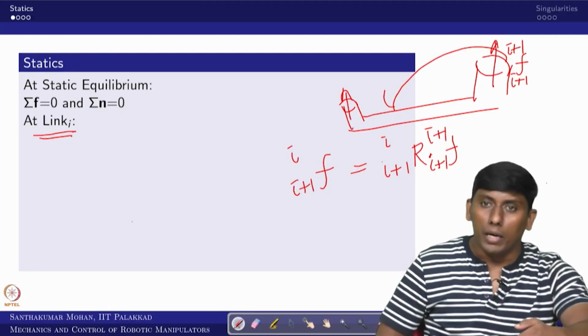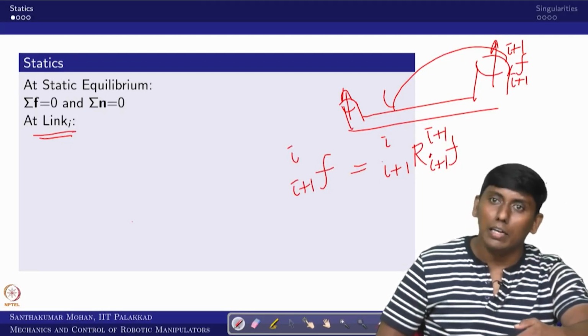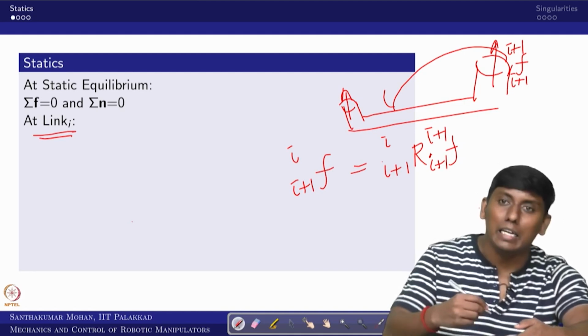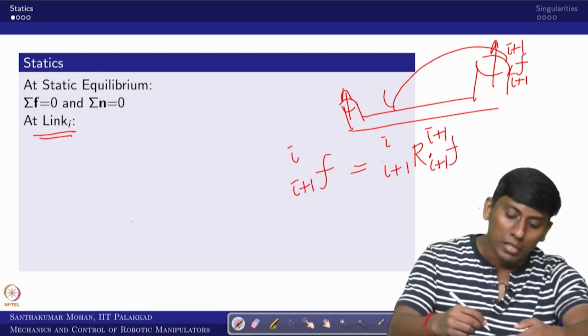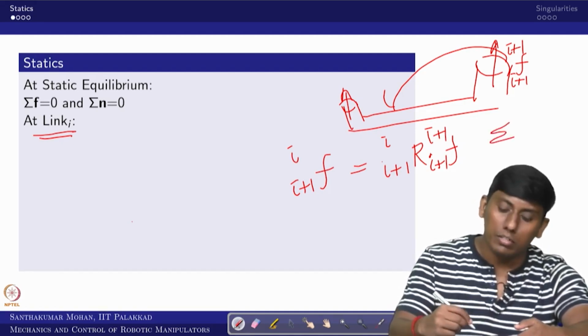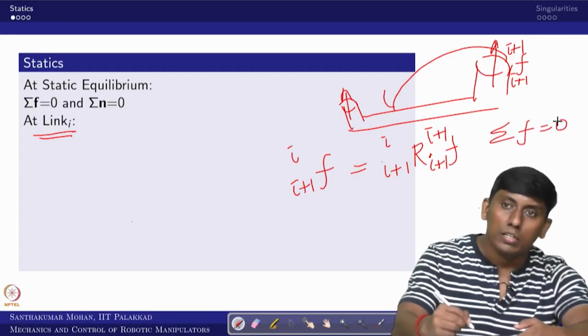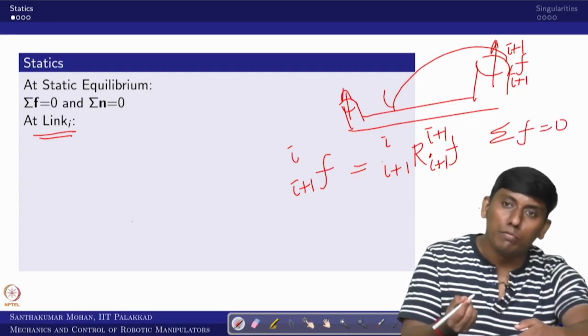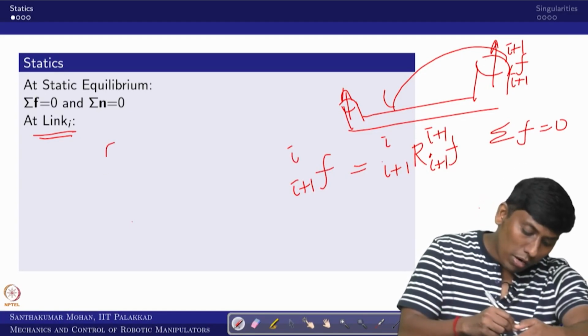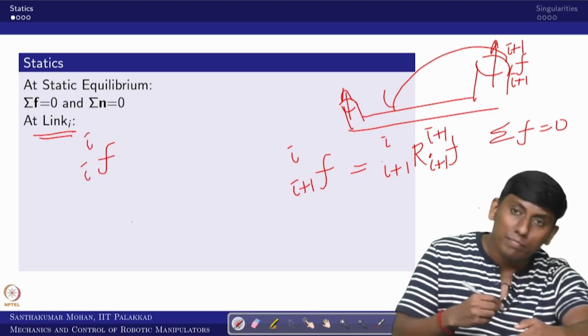But one additional thing you should know is that this is static equilibrium, in the sense that the cumulative forces would be 0. So what forces would be acting here? One force would be i to i.